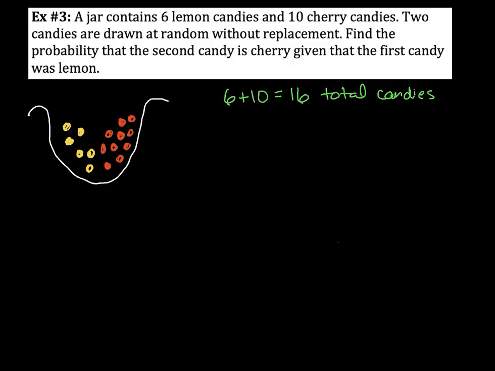I had to remind myself of what the problem was. The problem is the probability that the second candy is cherry given the first is lemon.